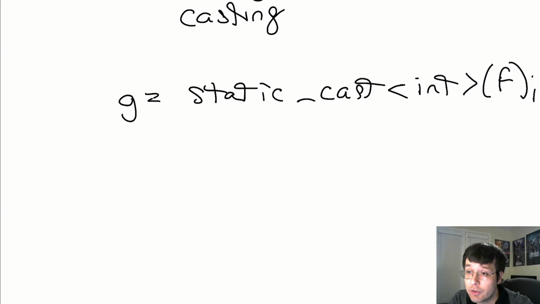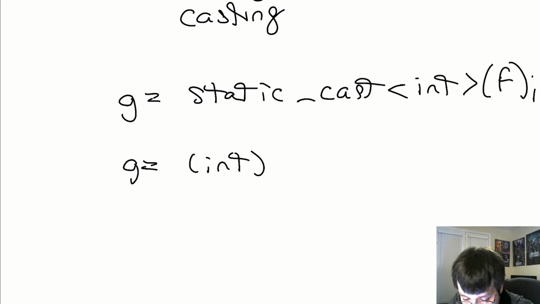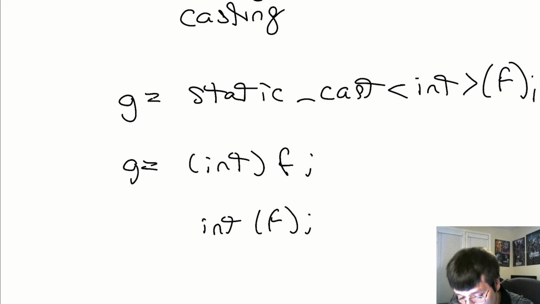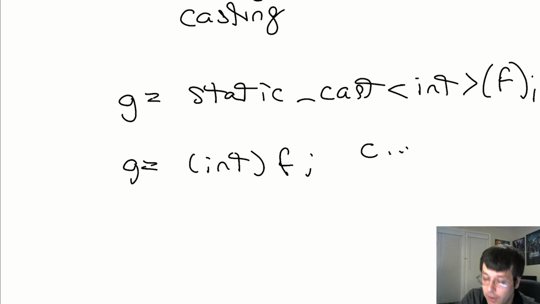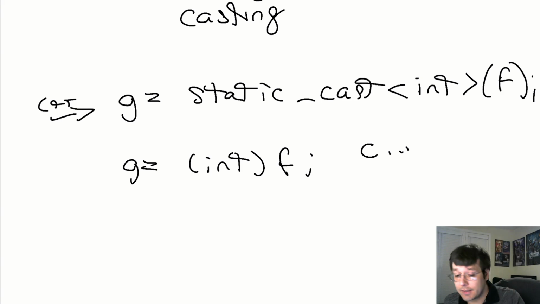Okay, that's one way to do it, and I believe the C way is you would write that. I think it's just like that. Some languages do it like this, so I might be mixing them, but I believe it's the top one. Okay, but that's more of like the C way. This is proper C++, like strong way. Okay, so that's casting, that's coercion.